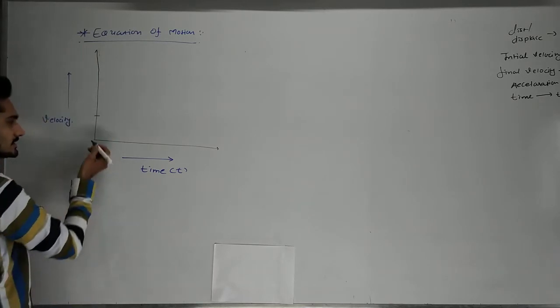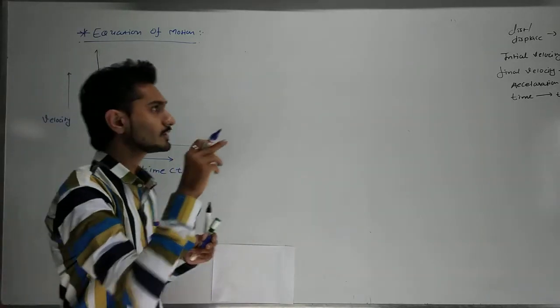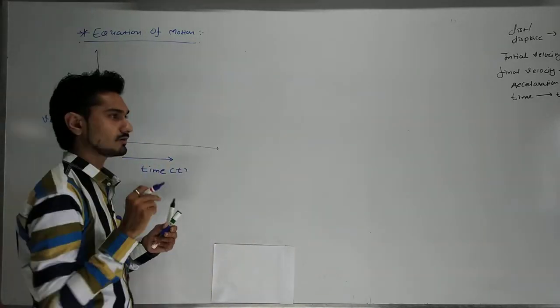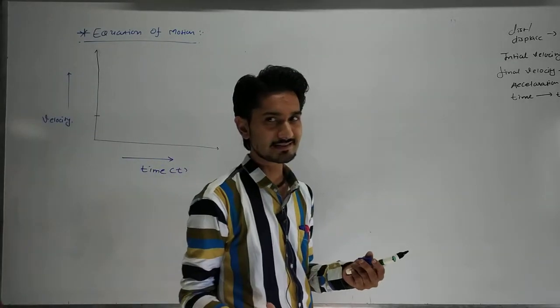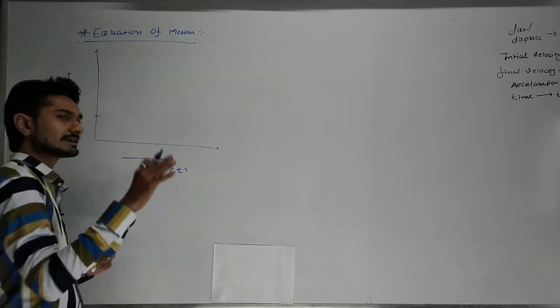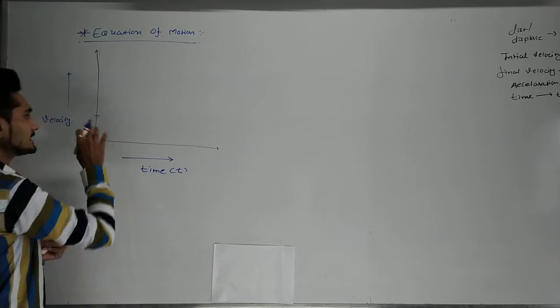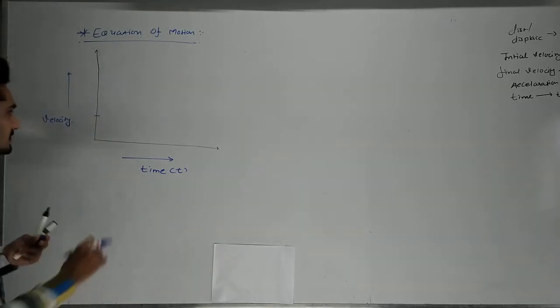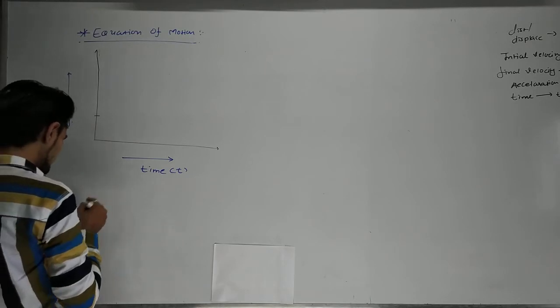Because if I take the initial velocity u equal to 0, then it cannot be considered at any amount, so we cannot calculate it in any kind of equation. So I need some value at the initial stage, and therefore I have taken the initial velocity at some amount. Okay, then we have drawn the graph.